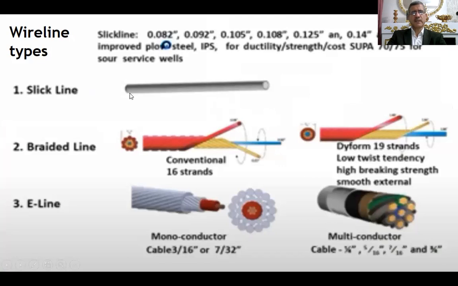Here is the slick line. We have 2 main types, depending on the OD. We have 2 ODs, 0.108 and 0.125 inch. We have 2 types, carbon steel and stainless steel. Carbon steel has higher tension, but it can be used until H2S 30 ppm.